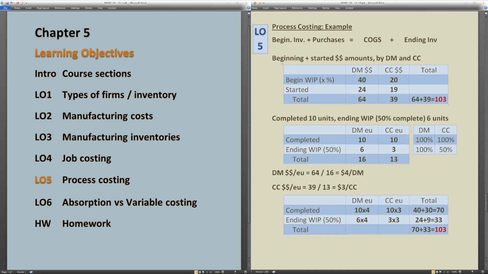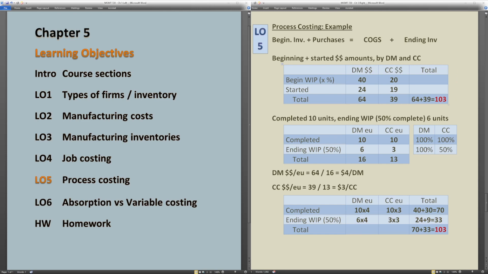So when we say ending work in process, that there were 6 units, well, it must have had all 6 units of materials. So the only thing that the 50% complete refers to is it's 50% complete as referring to the conversion cost.